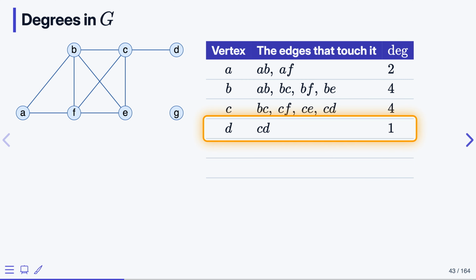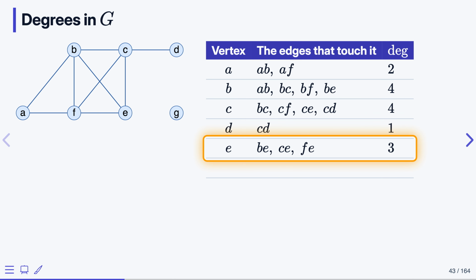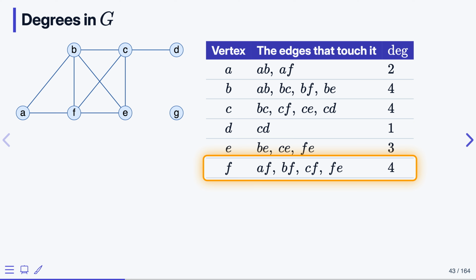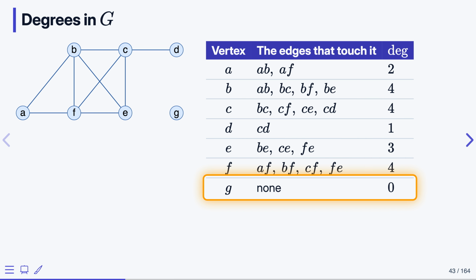Vertex D: only one edge, CD, degree 1. Vertex E: 3 edges, BE, CE, and FE, degree 3. Vertex F: 4 edges, AF, BF, CF, and FE, degree 4. And vertex G: no edge touches it at all, degree 0.